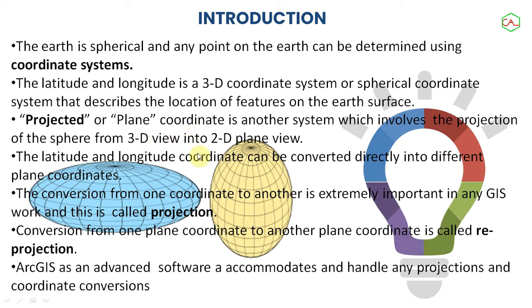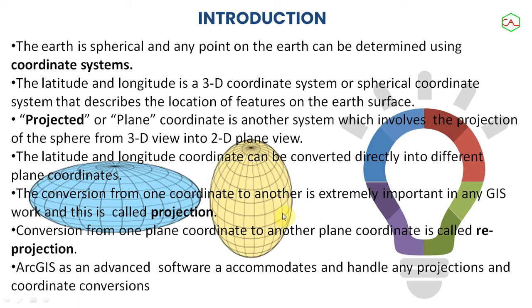So projected or plane coordinate is another system which involves the projection of sphere from a 3D view into a 2D plane view. Another one is that the latitude and the longitude coordinate can be converted directly into different plane coordinates. So the conversion from one coordinate to another is extremely important in working with ArcGIS. This is actually what we call projection.